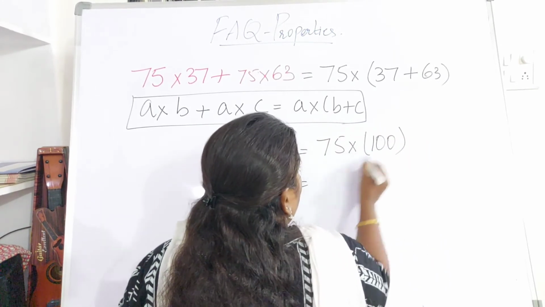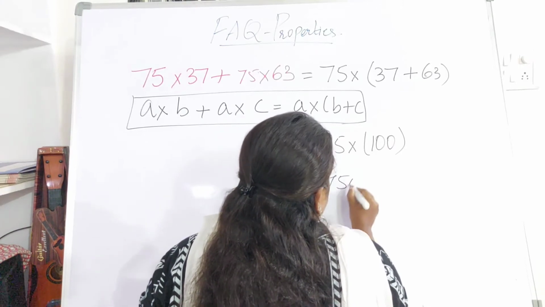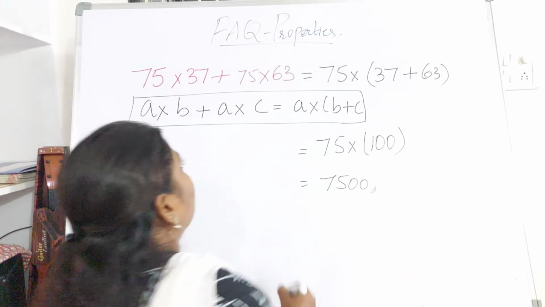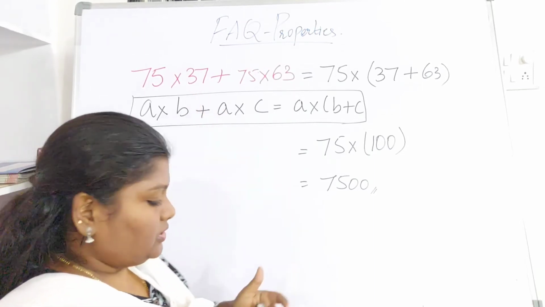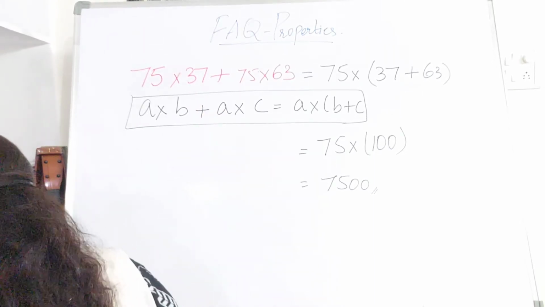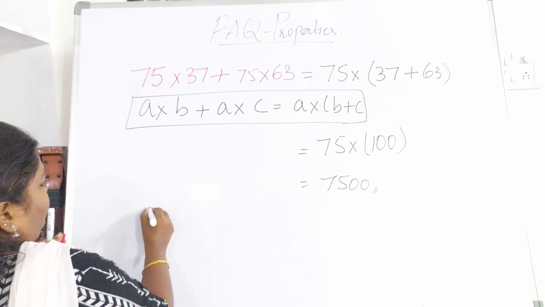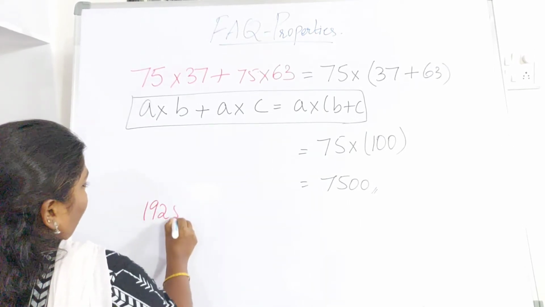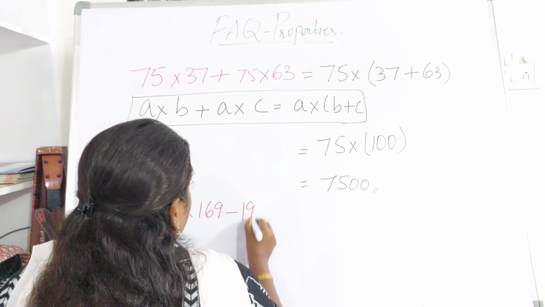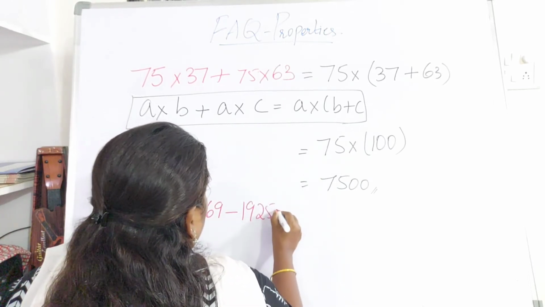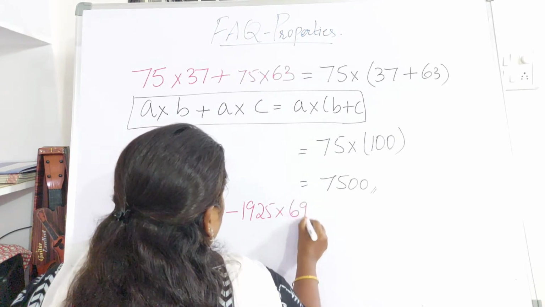So 75 into 100 is 7,500. The same property can also be used by taking subtraction. So that is 1925 into 169 minus 1925 into 69.